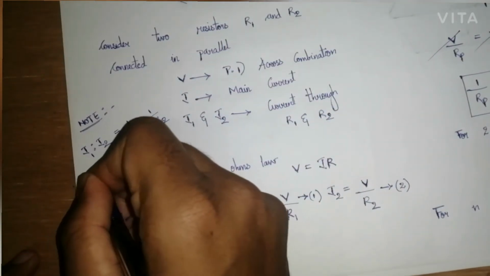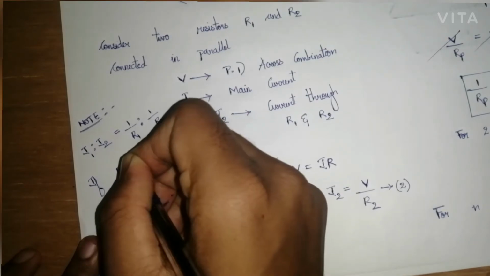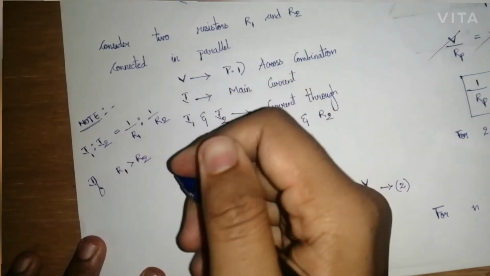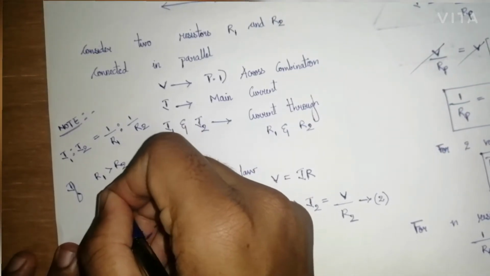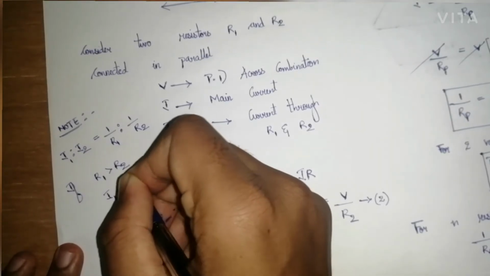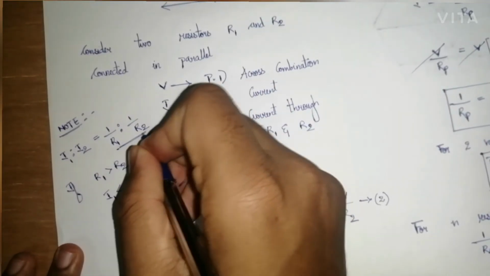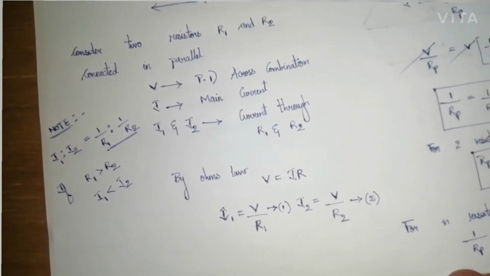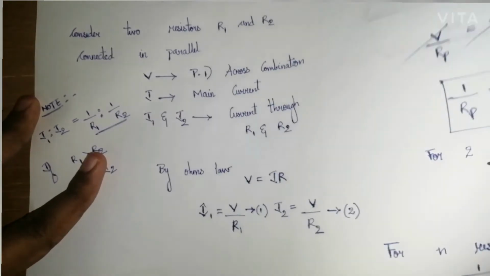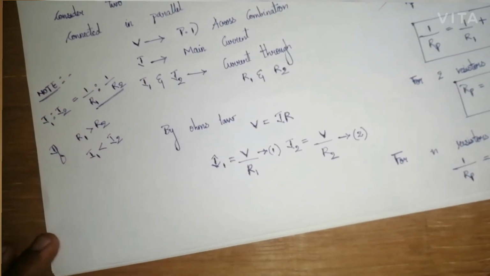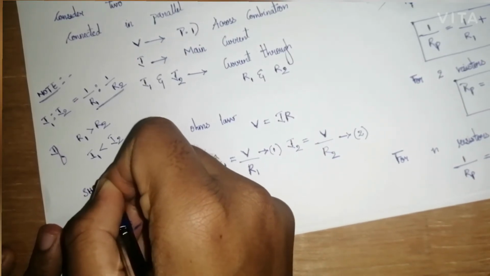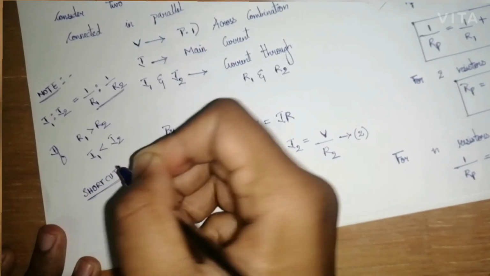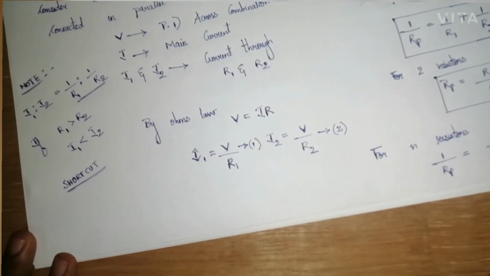So if R1 is greater than R2, automatically your I1 will be less than I2, because it is inversely proportional. I and R are inversely proportional here. And the main importance of this video will be a shortcut for your entrance exams. What is the shortcut?